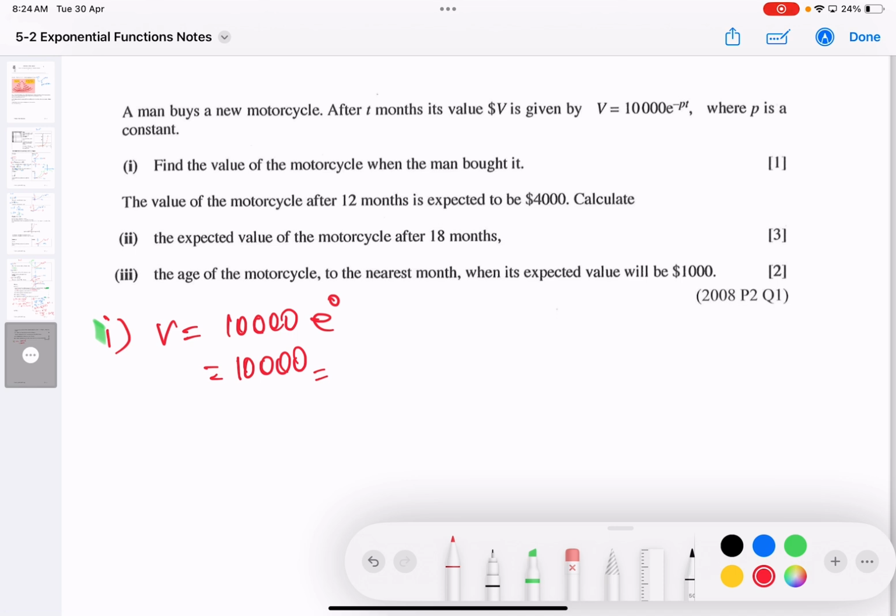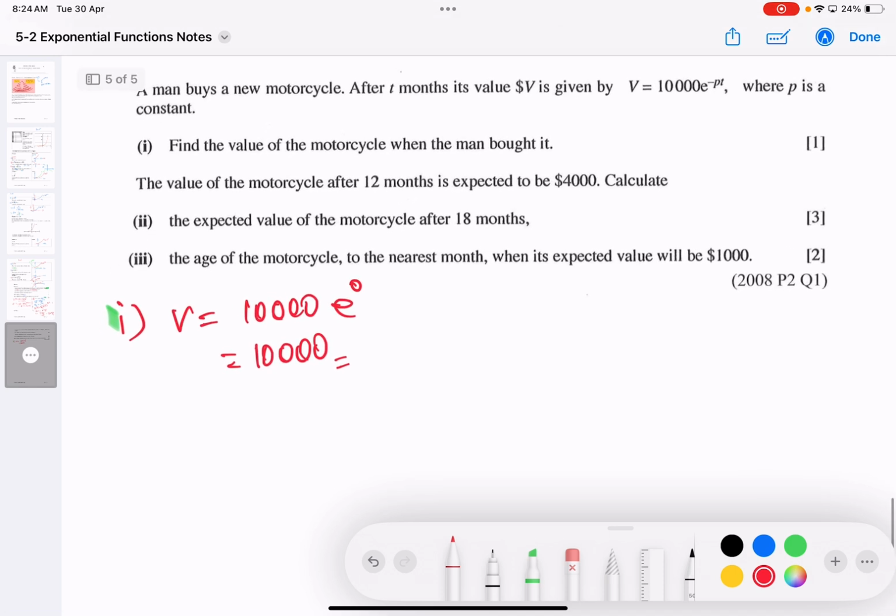The value of the motorcycle after 12 months is expected to be $4,000. Calculate the expected value of the motorcycle after 18 months. So how are we going to do this?